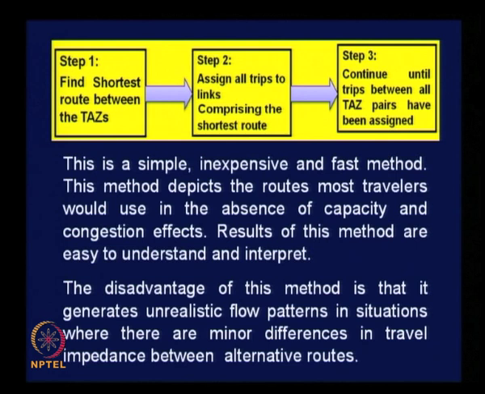Let us say we have 2 alternative routes between zones 1 and 2. If the travel time along route 1 is 11 minutes for example, and the travel time along route 2 is 11.5 minutes. So, the difference is minor.